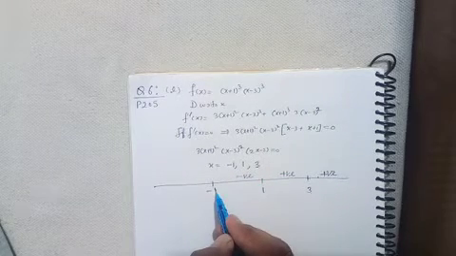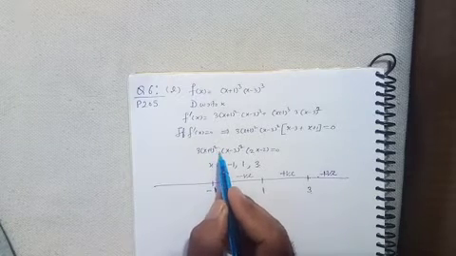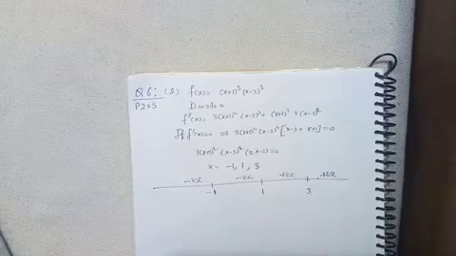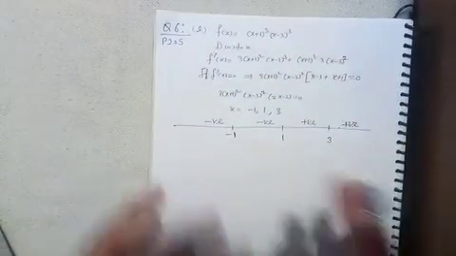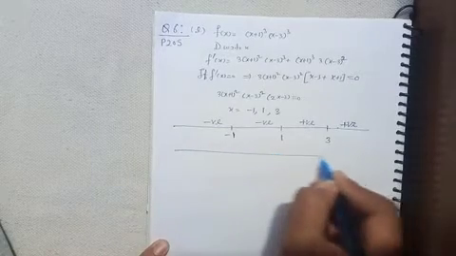Next is minus 1, obtained from the factor x plus 1 whole square. Obviously an even number, so there is no change in the sign of f dash x or the first derivative. Now we have the sign of f dash x in all the intervals, so we can prepare our table.